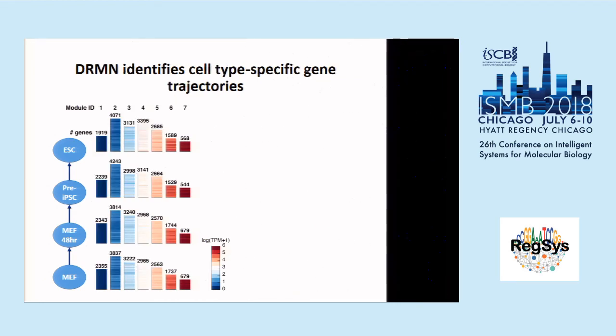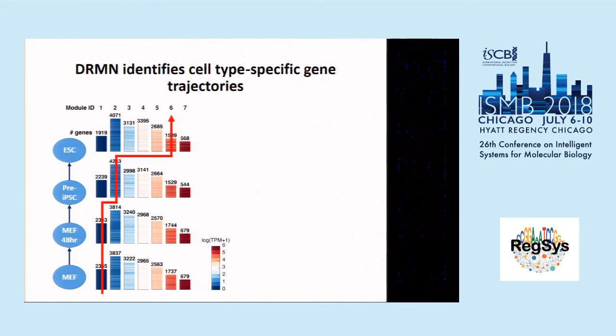But instead of just looking at each module of genes separately, we're really interested in looking at how things are changing between the cell types. One way that we can look at changes over the reprogramming process is by looking at gene trajectories. That is, the sequence of modules that a gene progresses through the cell lineage tree.